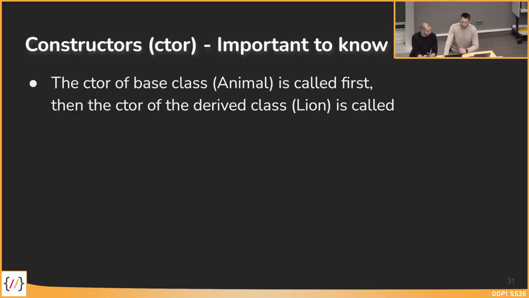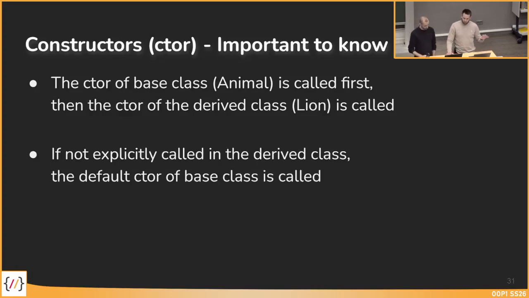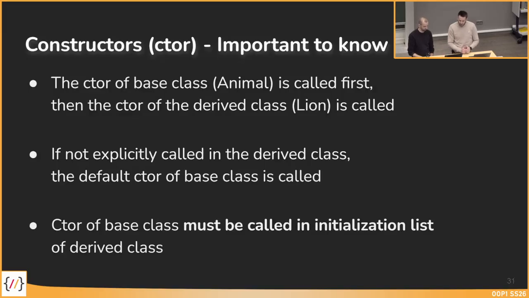Okay, to wrap it up, the constructor of the base class, in our case animal, is called first, and then the constructor of the derived class lion is called. Remember, if we do not explicitly call the constructor of the base class in the derived class, then the default constructor would be called, and this is just possible if there is a default constructor.